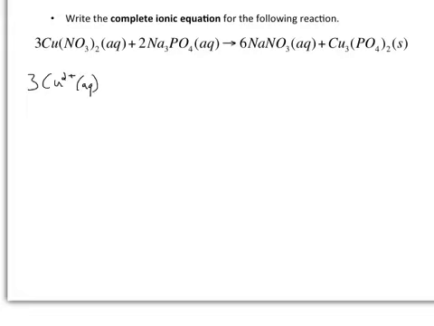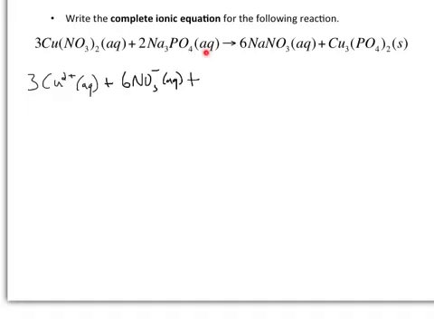And for the nitrates, right, each copper(II) nitrate formula unit has 2 nitrates, but in my balanced equation, I have 3 of them. So 3 times 2 is 6. So I'm going to have 6 nitrate ions. All right, sodium phosphate, also aqueous, also ionic, so I'm going to dissociate it.